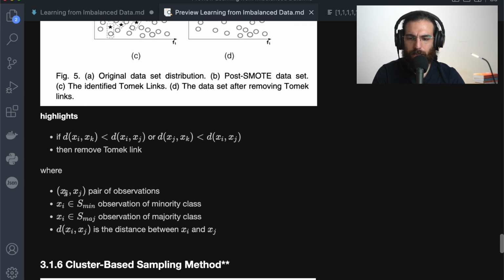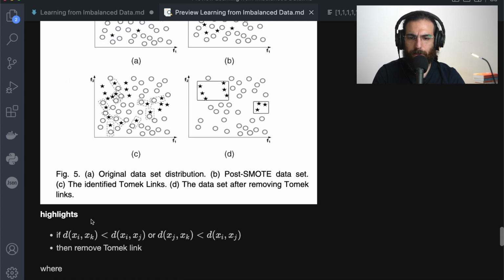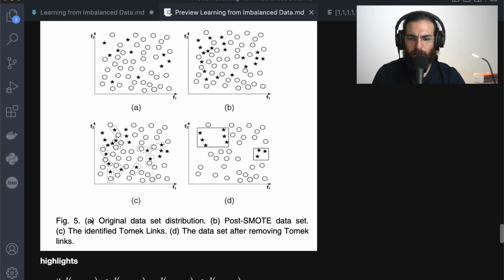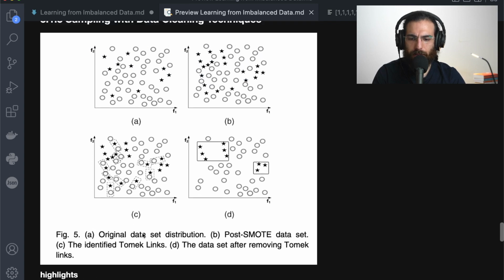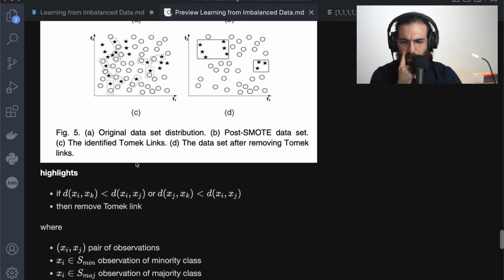So we have a pair of observations where x sub i is a member of the minority class, and x sub j, this was meant to be j, excuse my typo, is a member of the majority class. And here's what we are looking for. In figure 5a, we have the original distribution. Let me see if I can remember what the distances were for.